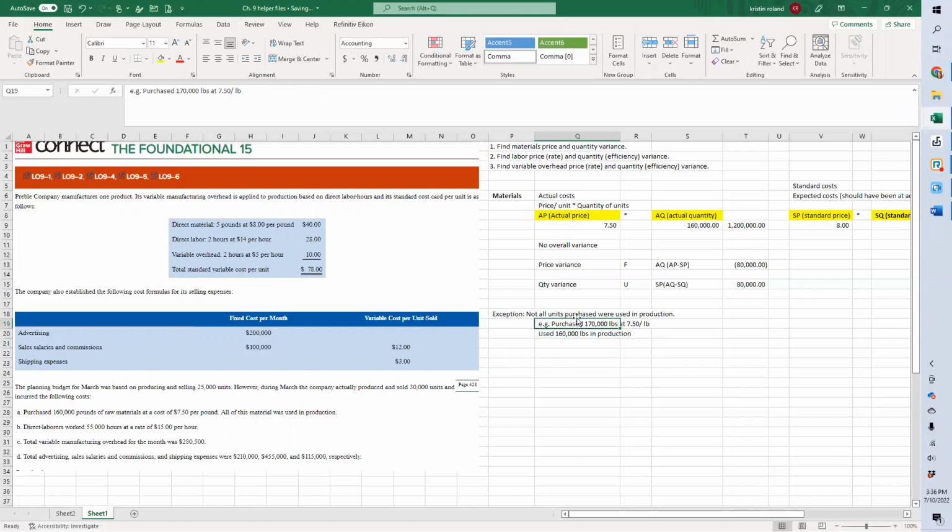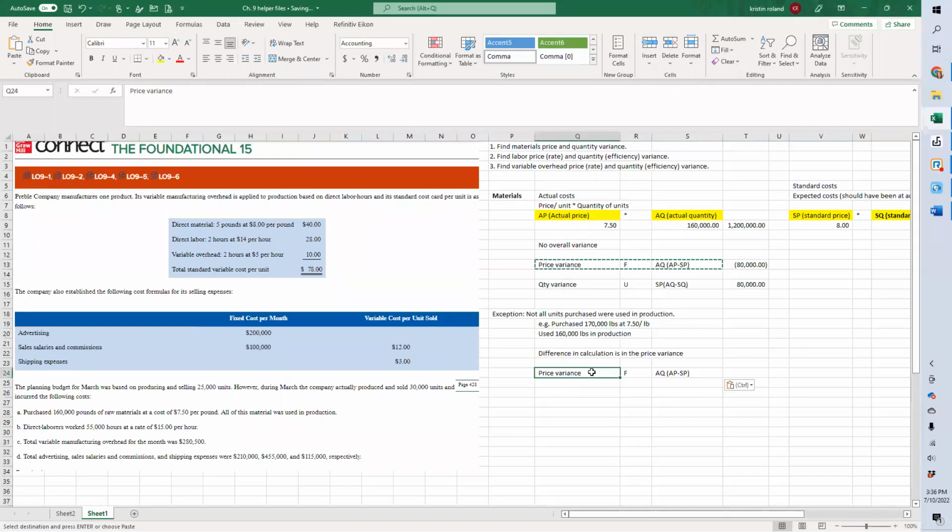So if we purchased a certain amount and we only used a lesser amount, we handle these variances a little bit differently. The difference in calculation is going to be in the price variance. So we're still going to use this formula with one exception.